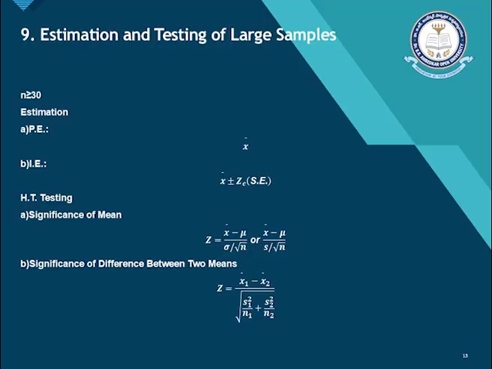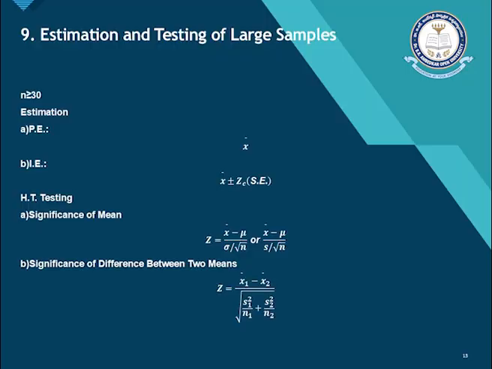In estimation type of problems, again we have point estimation and interval estimation. In point estimation, the sample mean is taken as the population mean, that is we assert that whatever the sample mean is, that is the population mean. In case of interval estimate, we calculate the sample mean plus or minus the critical value of Z at the stated level of significance times the standard error.